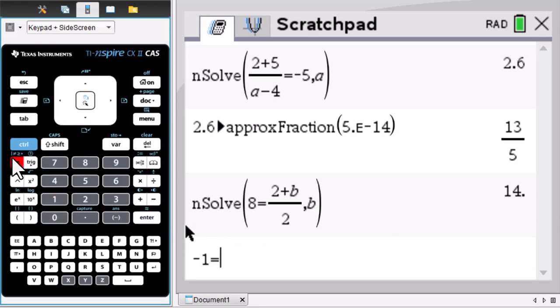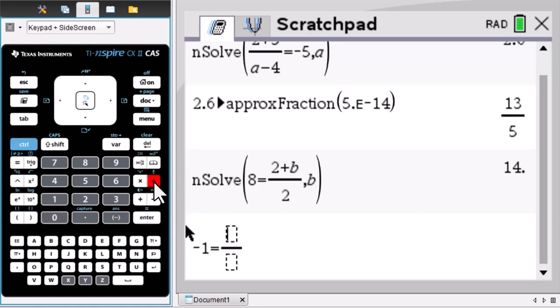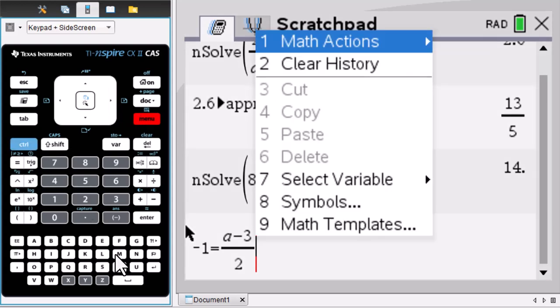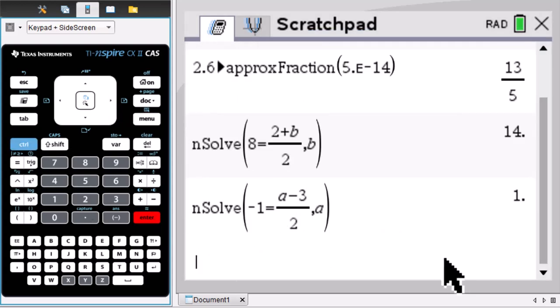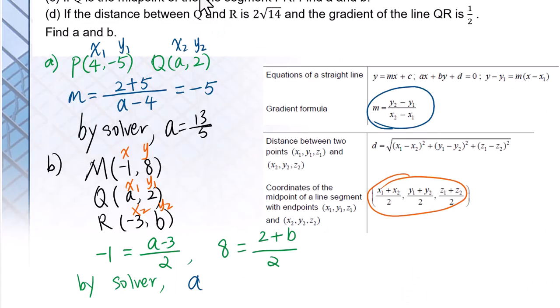Then -1 equals control divide a minus 3 over 2. Control menu, enter, enter. a equals 1. So a equals 1 and b equals 14.